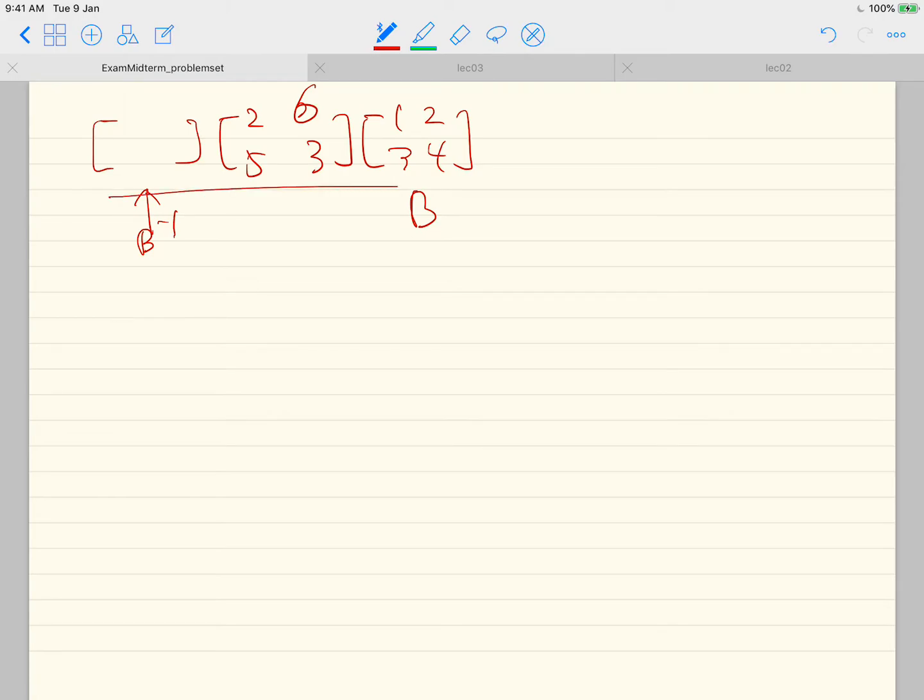In this case, we will obtain some matrix, and we know that its characteristic equation and eigenvalues will be the same as that one.